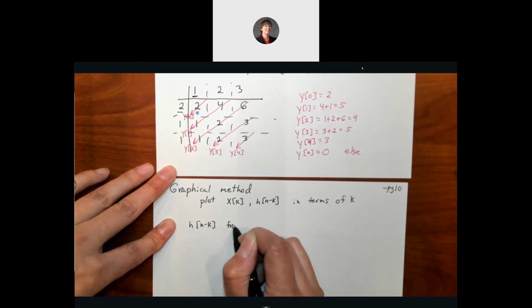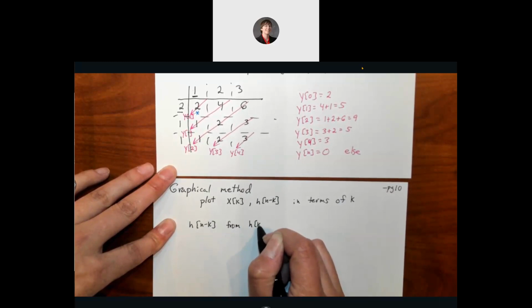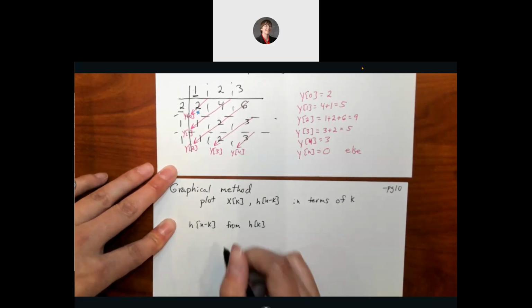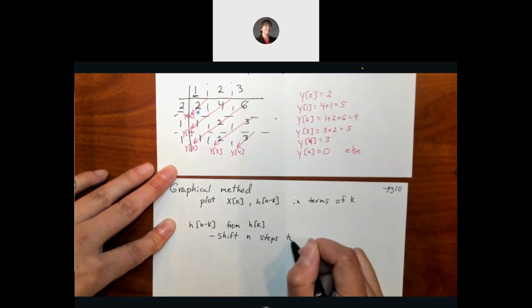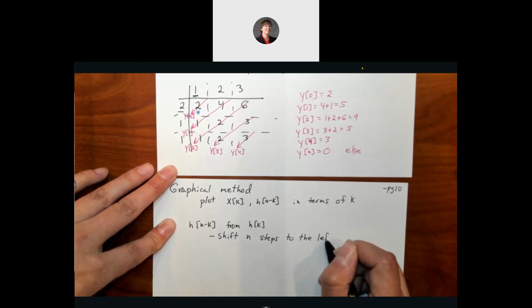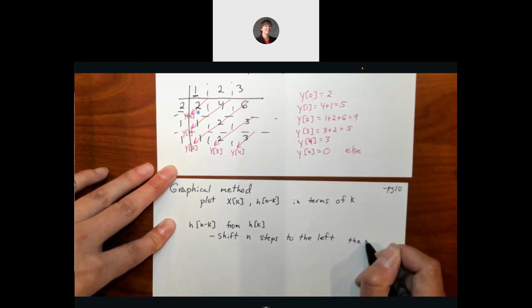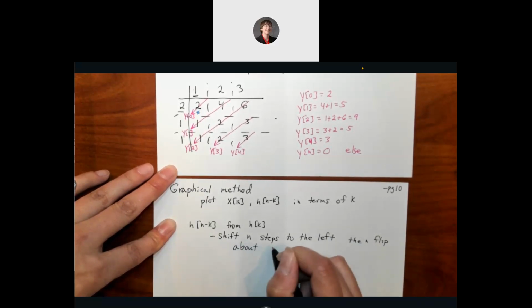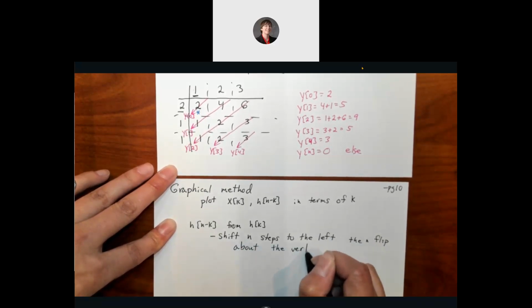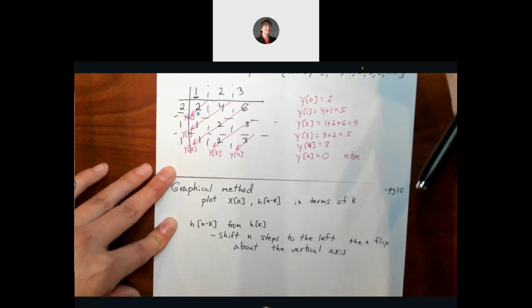So h[n minus k], getting that from h[k], what you do is you shift n steps to the left, and then flip about the vertical axis.